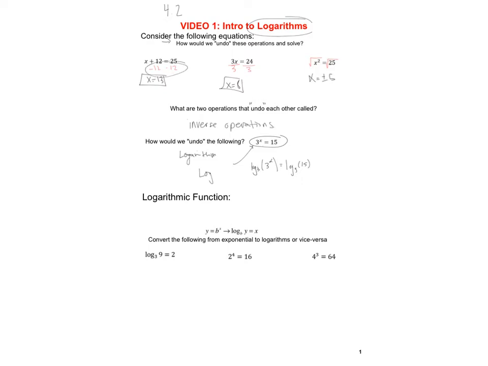Same idea: take the log of both sides because what it does is it undoes this first piece. It undoes this 3 to the x, and you just get x equals log base 3 of 15. And that's a number. That's not a great number. We'll be able to figure out how to get a nice approximate answer for that later, but right now, that's a number. So when I ask what is a logarithmic function, it is simply the inverse of an exponential, or the inverse of an exponent.